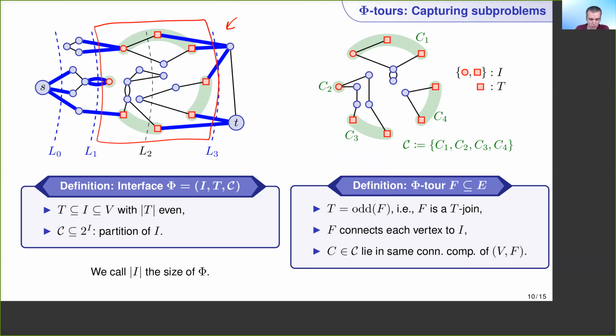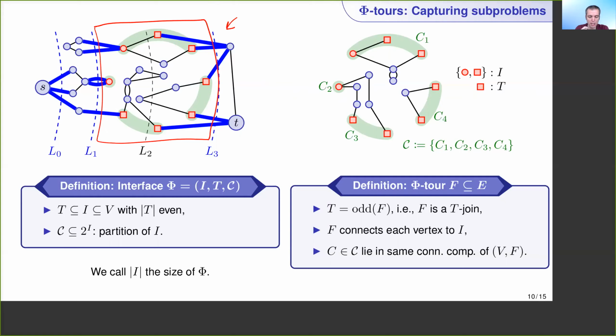There are two types of those, squares and circles. Squares are those that have been touched by an odd number of blue edges, and therefore they need an odd degree in the subproblem to have even degree overall. And the circles are those that have been touched by an even number of opt edges. We call this the interface, those red vertices, and the squares are the T vertices.